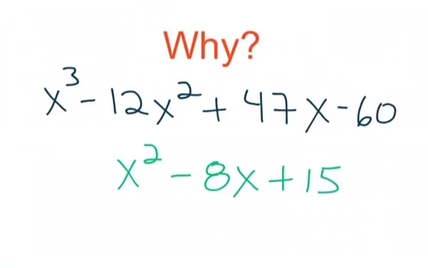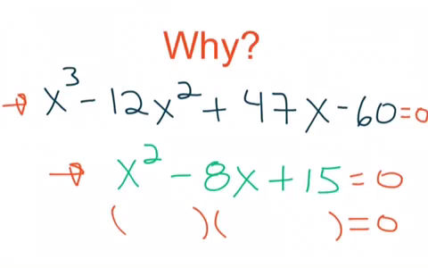If you remember, the last example that we looked at, our original equation was right here. If this was equal to 0 and we were trying to solve it, if we had one of the factors and divided it out, our quotient, our final answer was this. Once we have this, we know how to solve this. We could easily just factor it and then set each factor equal to 0.